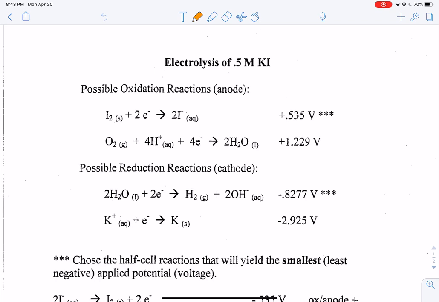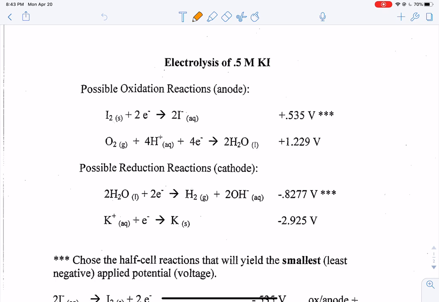Now, anytime you have a concentrated salt solution and you're going to pass electricity through it, it's possible that not only your metals or whatever's happening at your electrodes might experience redox, but water itself could experience redox.